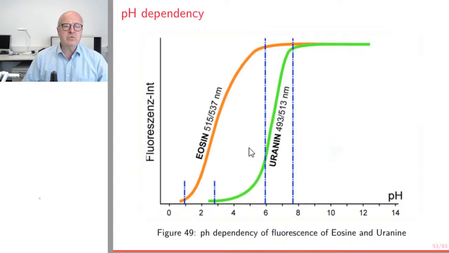And we can use eosine as a tracer in specific environments that are sour, that have higher acidity, for example in peat, or in an aquifer groundwater that has a low pH, in schist or granite. So in that case you should consider using eosine. Remember this.